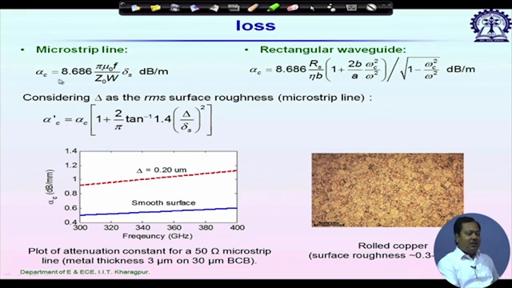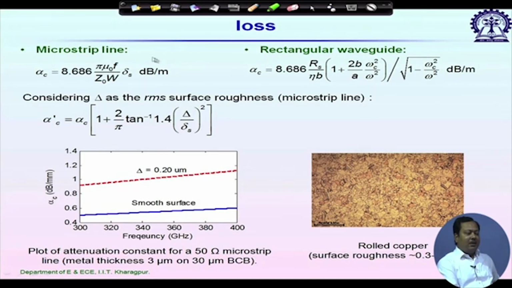As a result, overall alpha c increases with the square root of f, and not only that, it is a function of characteristic impedance as well as of the width of the microstrip line. As we expected, if we use a thinner line, we will be facing higher conductor loss.